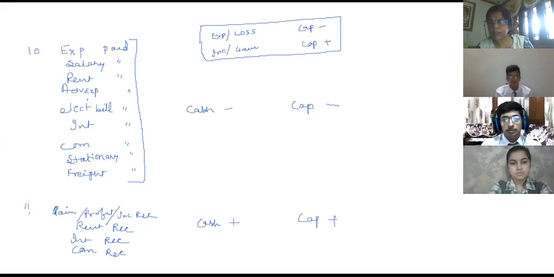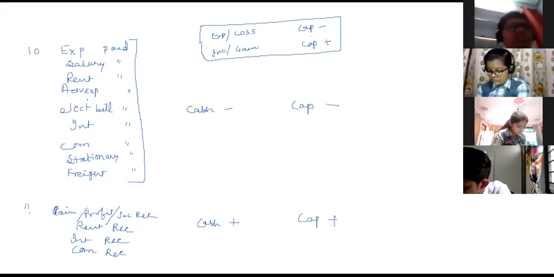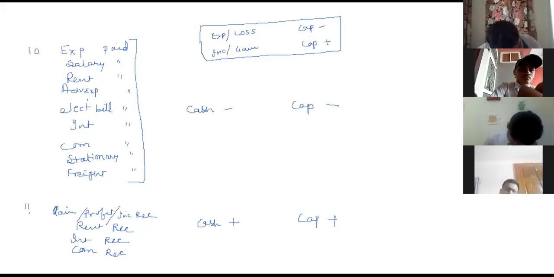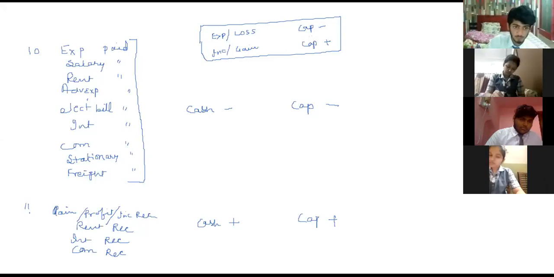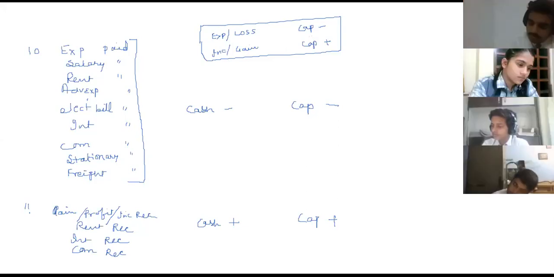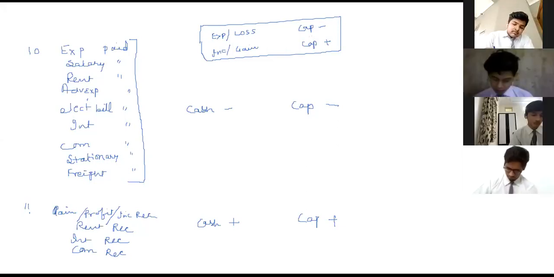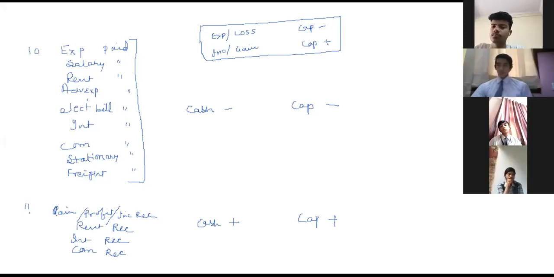Note down the concept. Note down these concepts. These are the basic concepts of accounting equations. Make the list of these basic 11 transactions, then I'll explain you more.